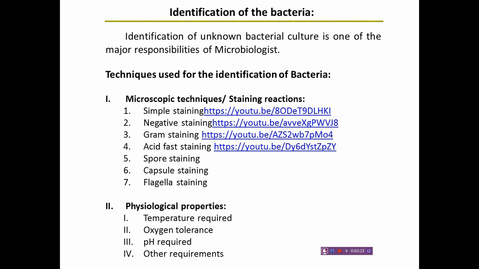For example, if the bacteria grows optimally between 20 to 40 degrees, then you can consider it as a mesophile. If the cells do not require any oxygen, then they can be considered as a strict anaerobe.